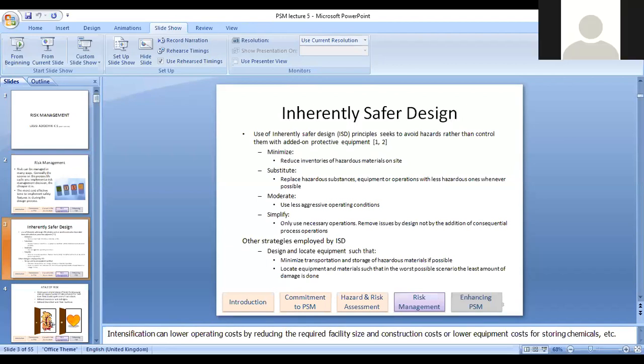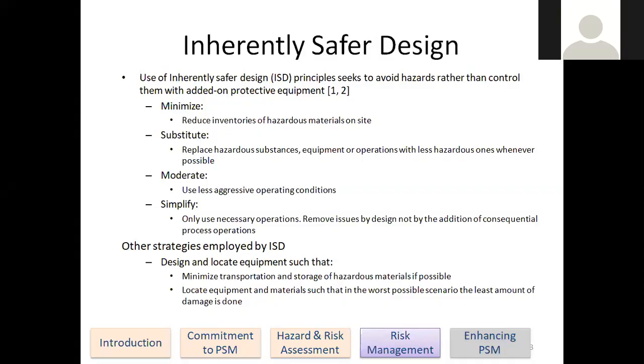So inherent safety design is when you use inherent safety design principles to avoid hazards rather than controlling them with added protective equipment.